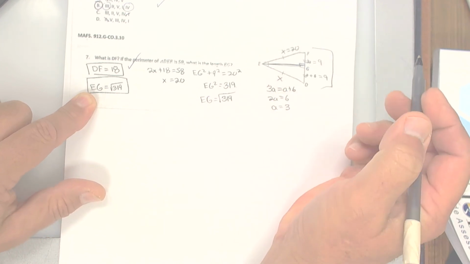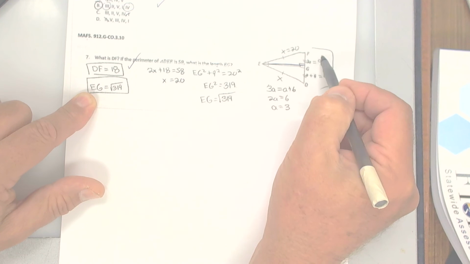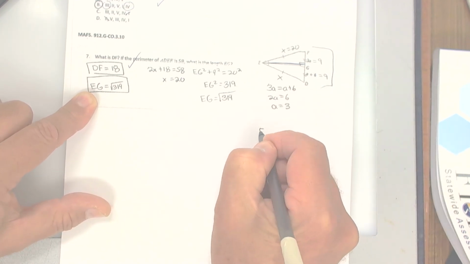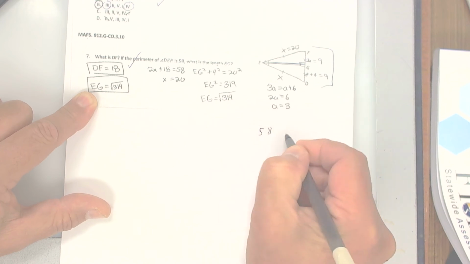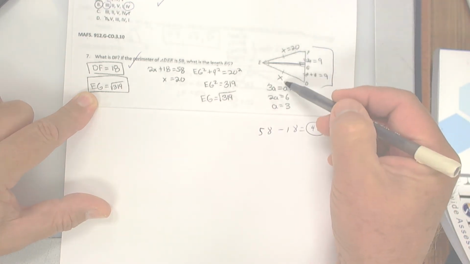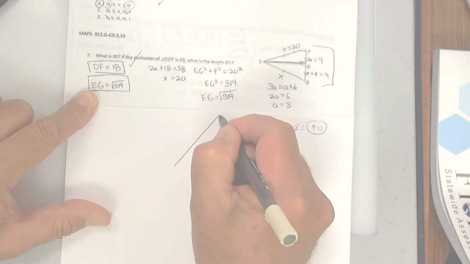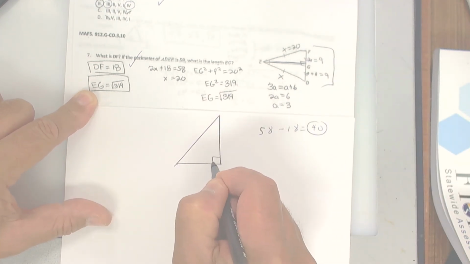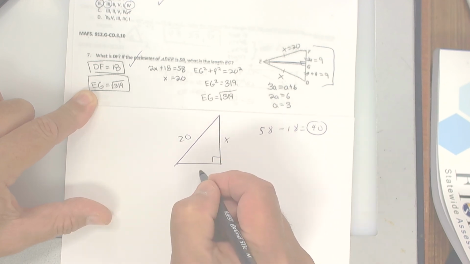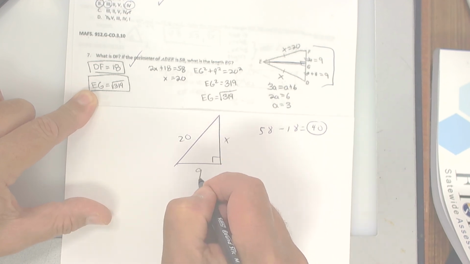All right, so look at what she did. She got 18 for this one, all right? So the whole perimeter is 58. So you would take 58 minus 18 and get 40, and then you would split that up and get 20. Then she made a right triangle. So this piece is 20. You're looking for that piece, and you know this piece right here is 9.